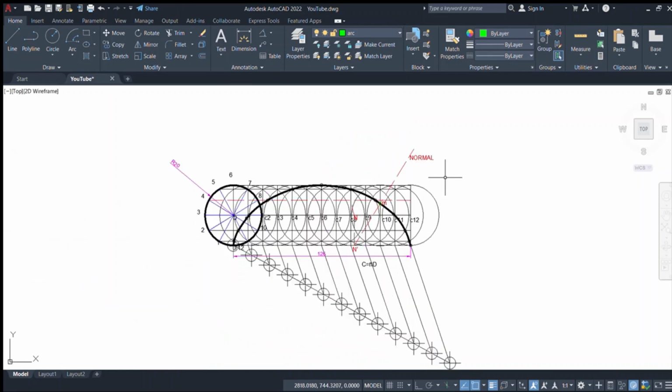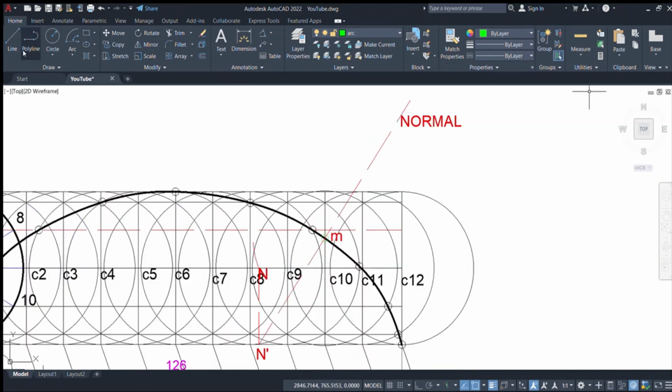As we all know, the tangent is a line that meets the curve at only one point, at 90 degrees to the normal. So using this point M, you can now measure 90 degrees.